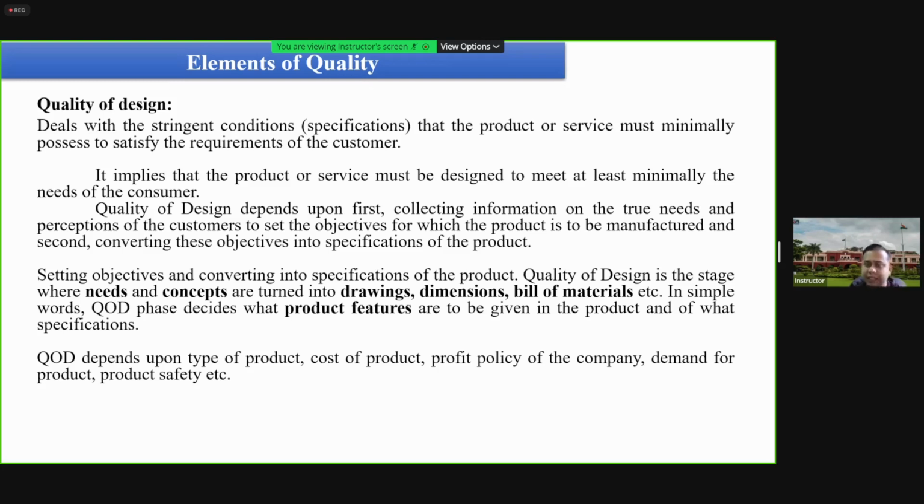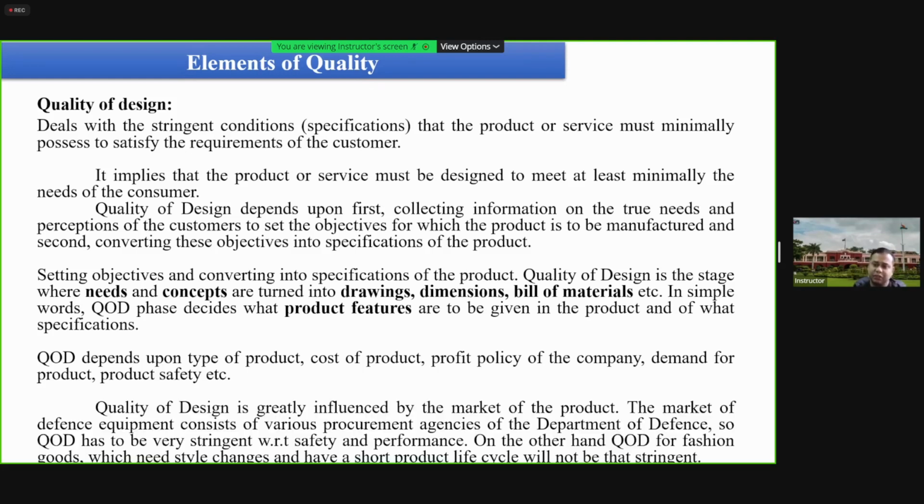There the life cycle is short, people will use them for some time and then throw them away, or they will be consumed. So there we can have some leverage. The quality of design need not be very stringent in that case. So depending upon our customer, who we are dealing with and what their requirements are, accordingly the quality of design needs to be decided.